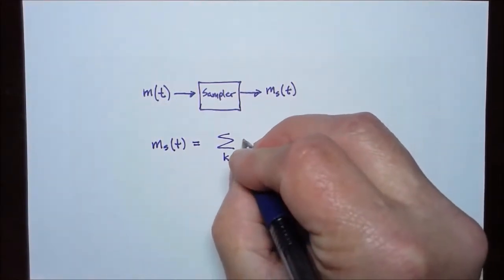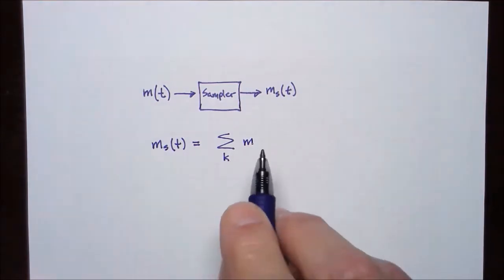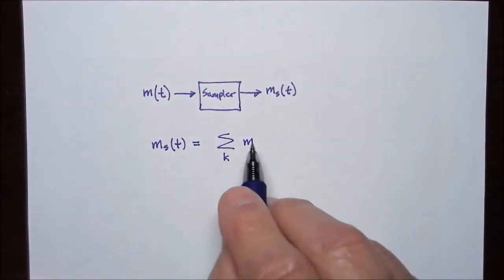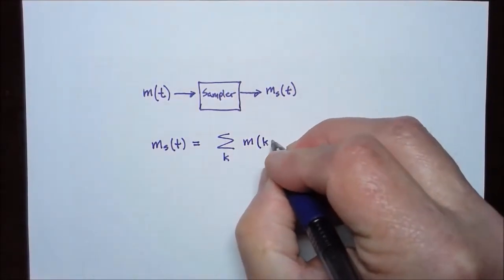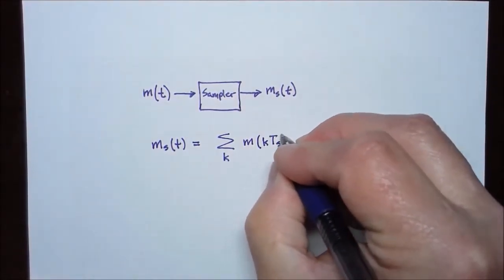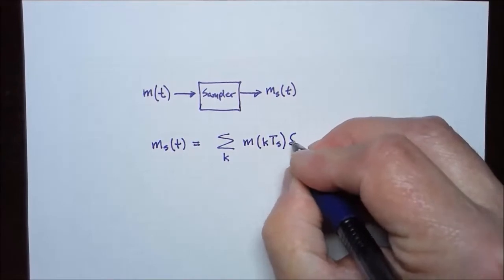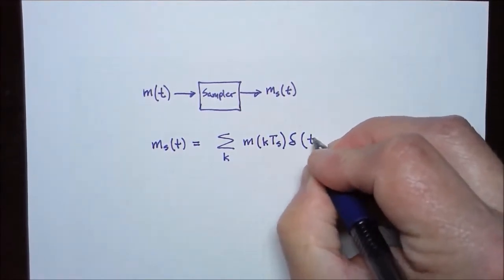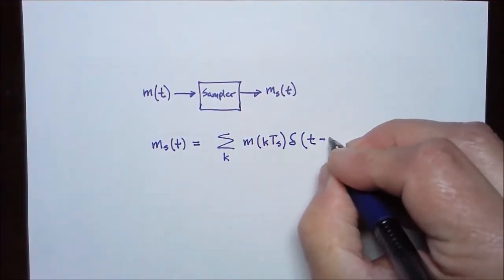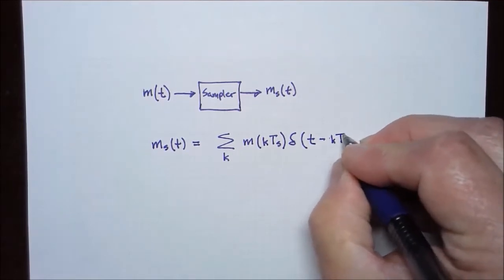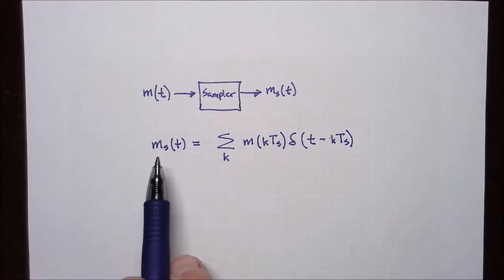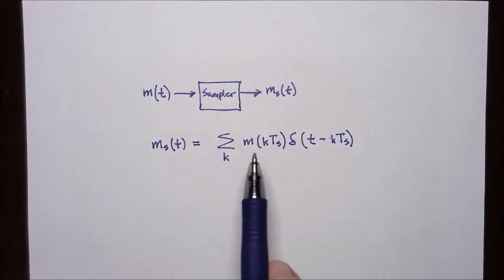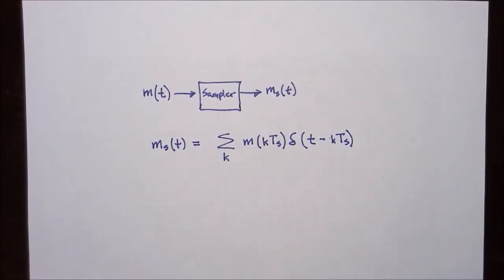Each delta function has a weight factor given by the message signal m evaluated at times k times t sub s, and that is the weight factor for a delta function of t minus k times t sub s. So this sampled signal is a sum of weighted delta functions.